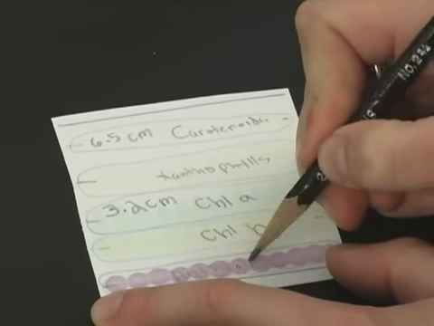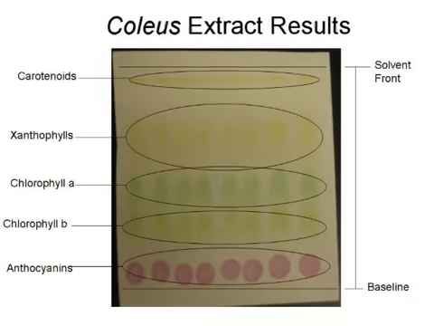Now that we have discussed how to interpret your results, take your chromatography paper out of the chamber and mark the pigments and solvent front and take the appropriate measurements. Let's discuss the pigment bands you have on your chromatography paper. This is an example from the coleus extract.